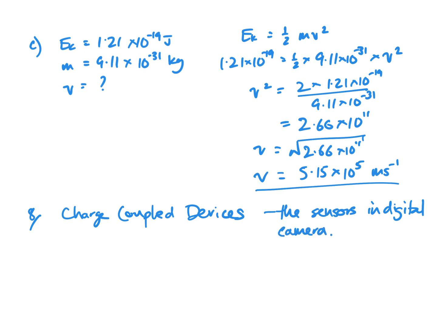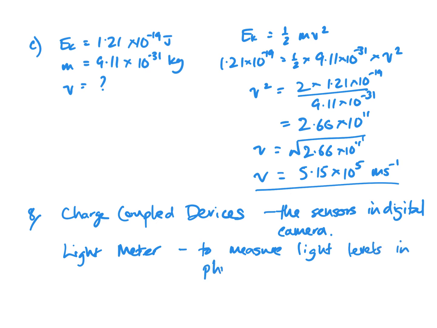And you get a small array of them, and that defines how many pixels you've got in your images. You can also use the photoelectric effect in light meters for photography, and cinematography as well. The two probably more everyday ones that you could come across.